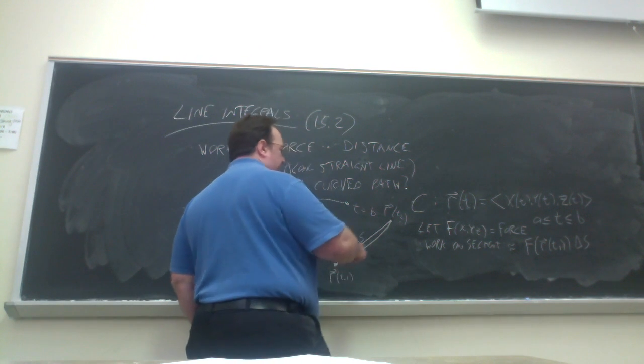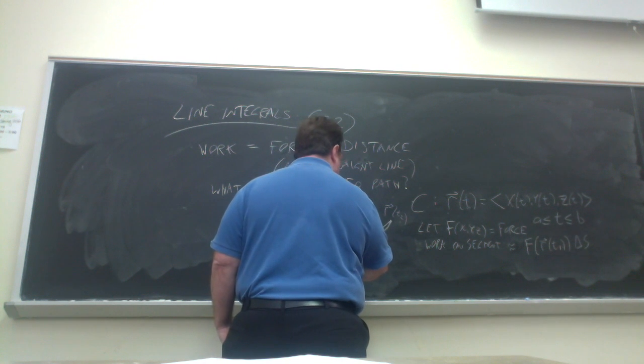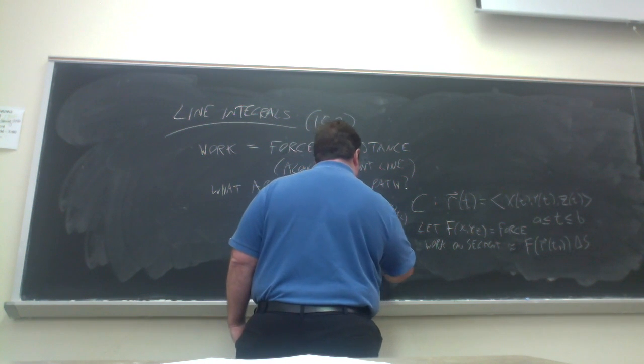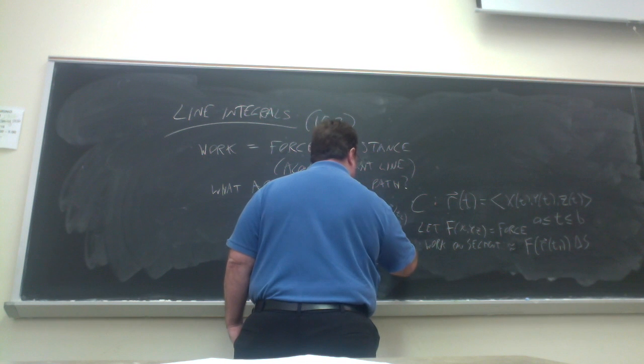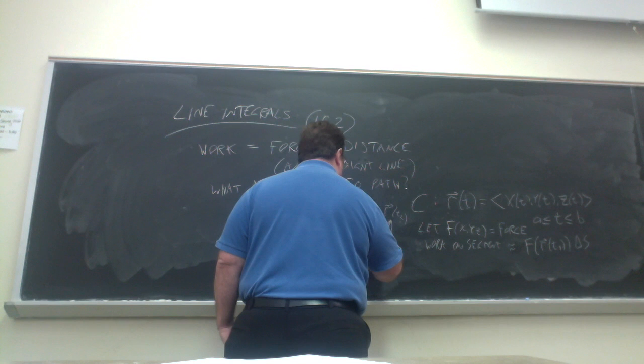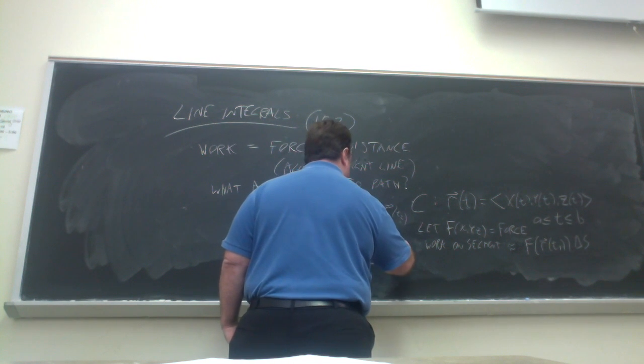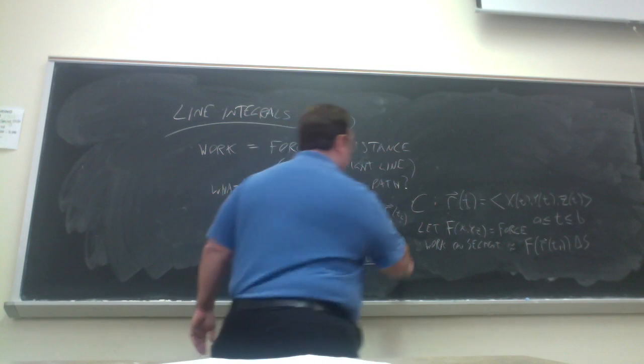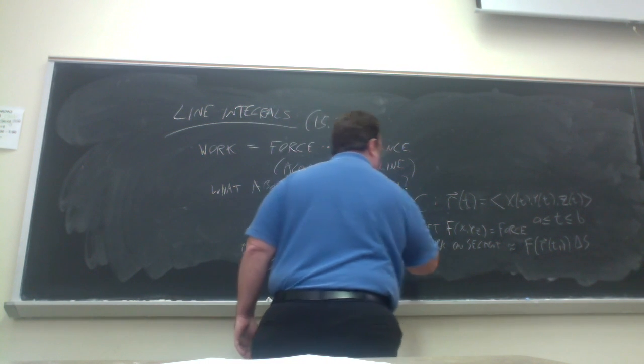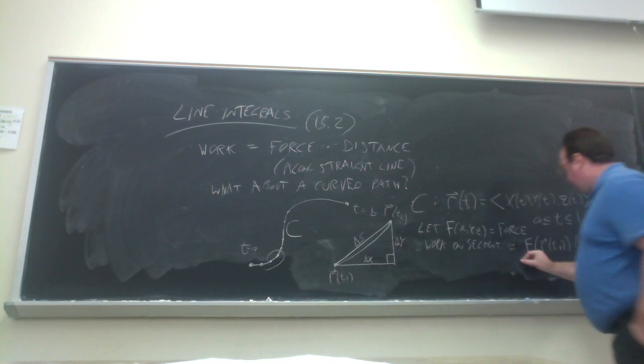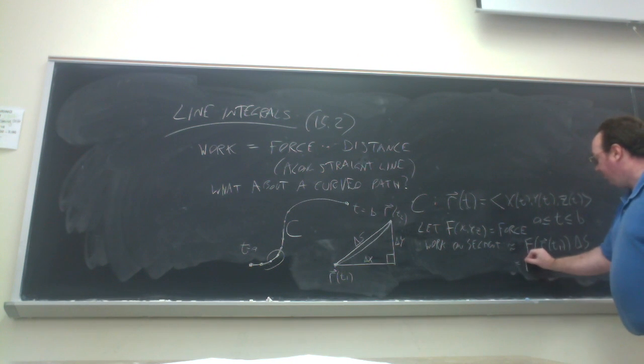So here's what we can do, like from a two-dimensional case. If I draw a right triangle here, well, this is delta x for a two-dimensional case, and then delta y over here. So now I can express this as my force times square root of delta x squared plus delta y squared.